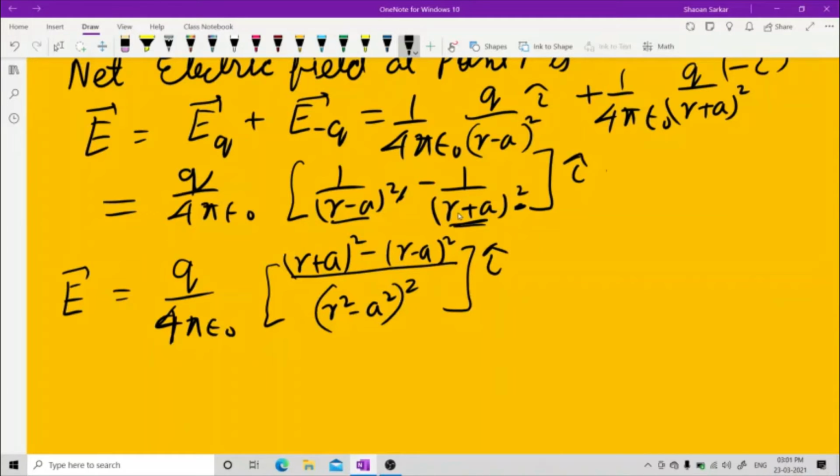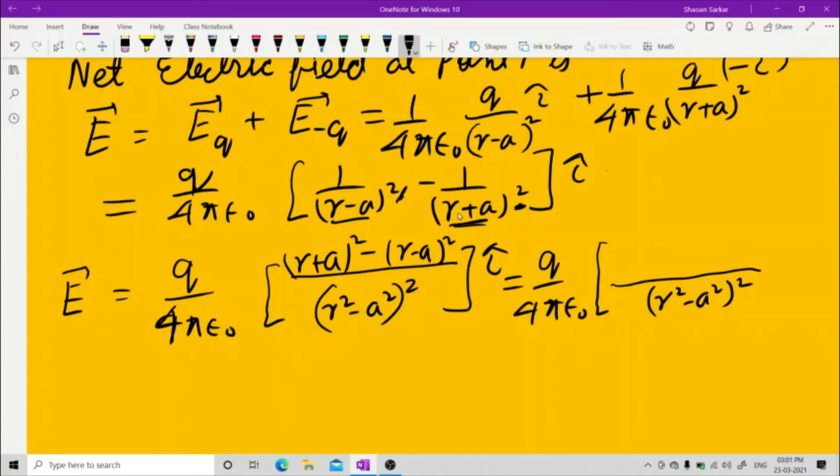So now this is going to become q by 4 pi epsilon naught over (r square minus a square) whole square. Open up (a plus b) whole square and (a minus b) whole square: a square plus b square plus 2ab, and a square plus b square minus 2ab, i cap.